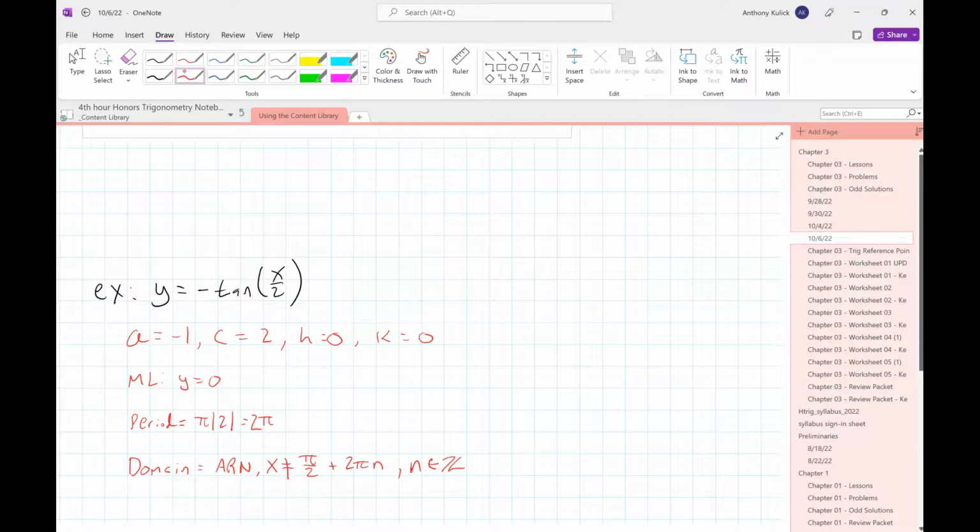You have to say what n is, because if n is not a whole number, then that's not right. You know what I mean? What's the range? All the numbers. Yeah, it just stays the same.